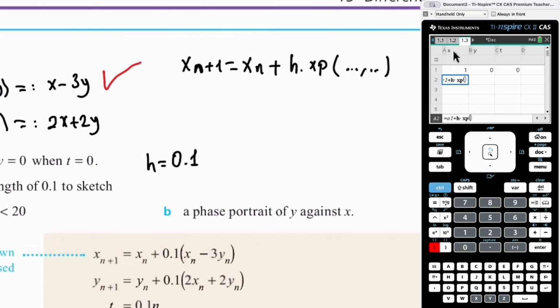What is our initial case? Instead of x, I should write the A1 cell, right? A1, comma. Instead of y, I should write the B1 initial cell.